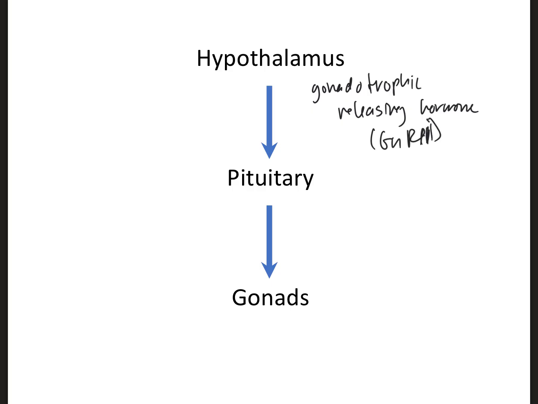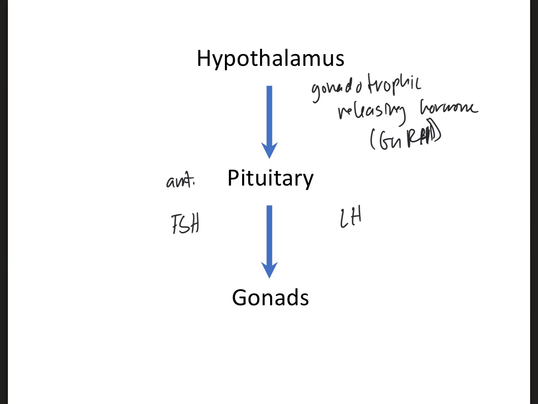That increases in production and targets the anterior pituitary. In response, the anterior pituitary produces luteinizing hormone and follicle stimulating hormone, LH and FSH.